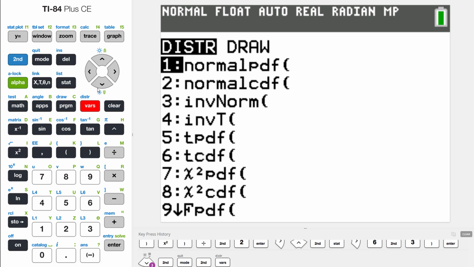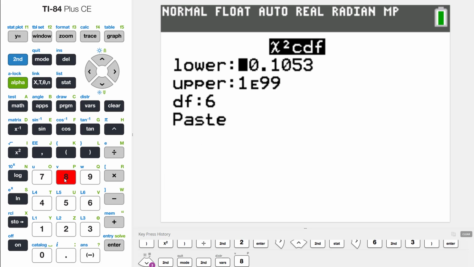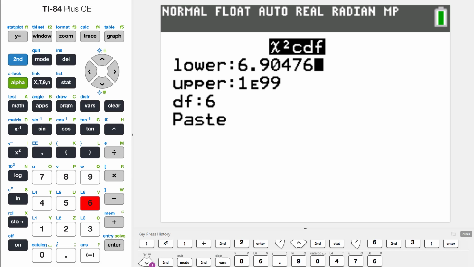Now, it's a right-tailed test. We're looking for function number 8, which is the chi-squared CDF, and the syntax would be as follows. The upper limit is always positive infinity, and the way that the calculator would want that would be like this.